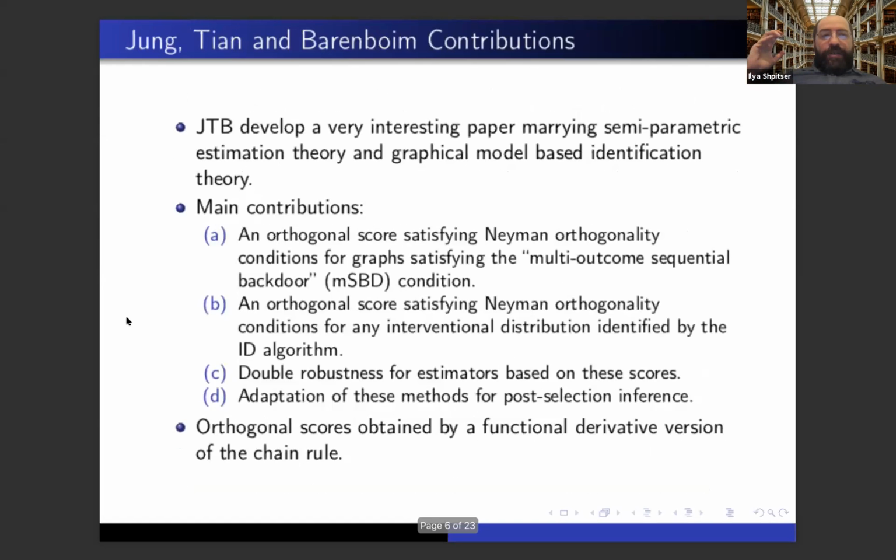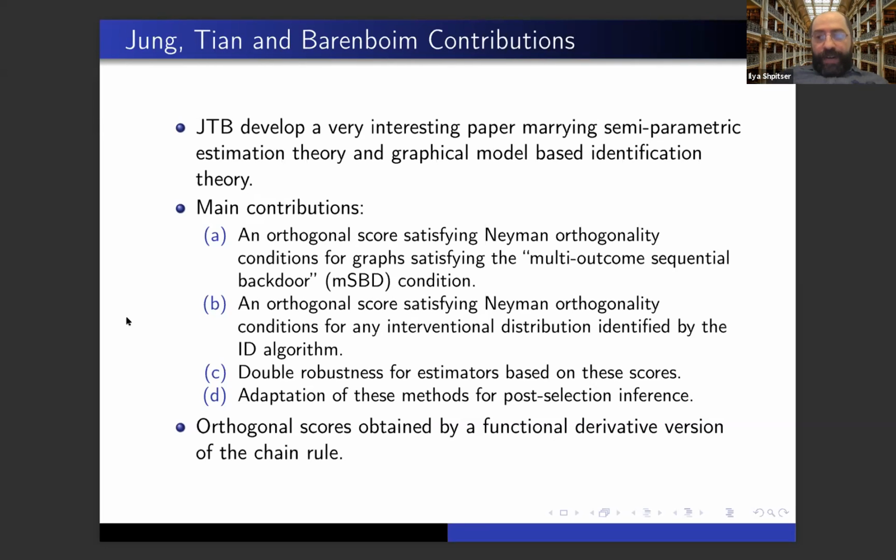Now, Jin Tian and Bareinboim developed a very interesting paper marrying semi-parametric estimation and graphical model-based identification. And so their contributions are an orthogonal score for what they call multi-outcome sequential backdoor, so the MSBD condition, an orthogonal score satisfying Neyman orthogonality for any interventional distribution identified by the ID algorithm, double robustness for these estimators based on these scores, and adaptation of these methods for post-selection inference.